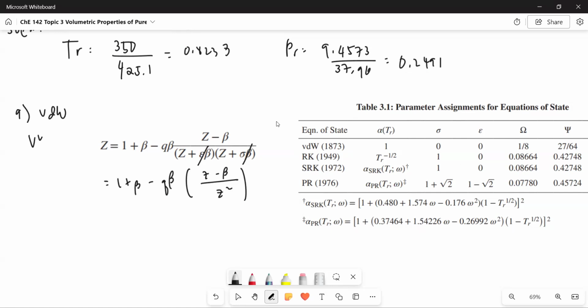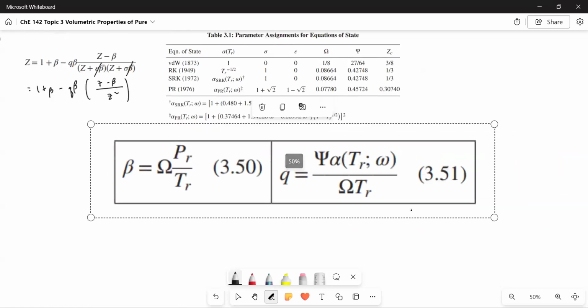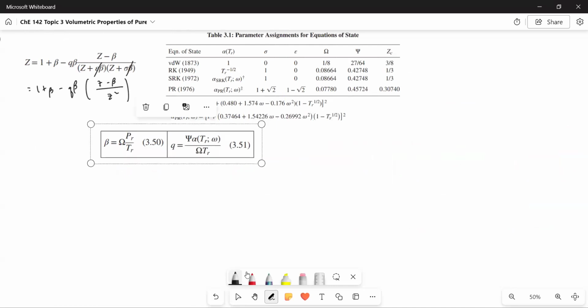Well, these are different from what you have in the handout, because in the handout, beta is, let me check the handout.